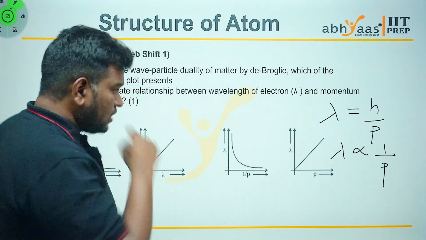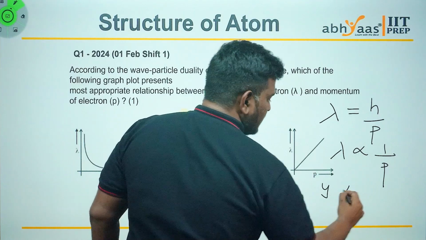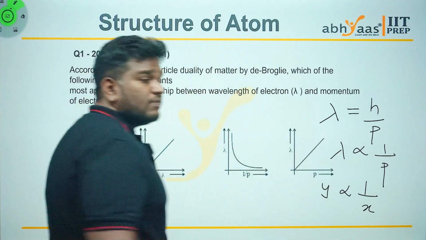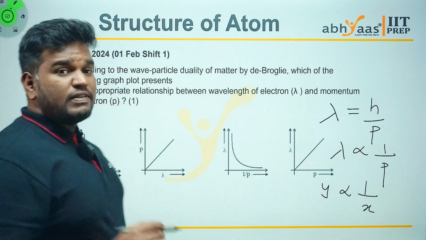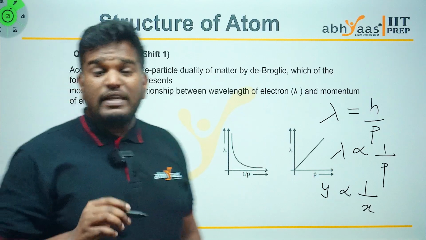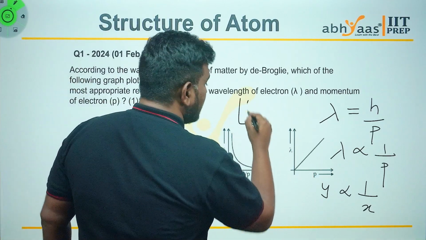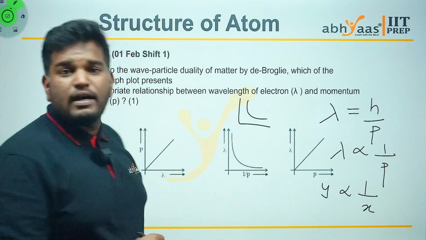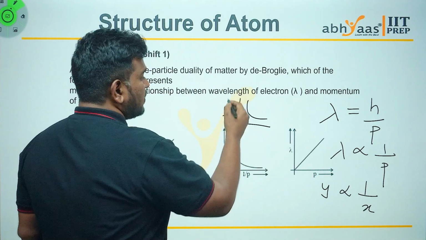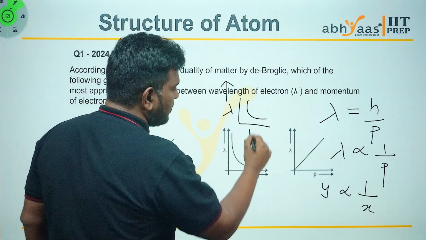So suppose we have lambda on the y-axis, then on the x-axis you will have momentum, and it will be inversely proportional. So if it is inversely proportional, what will be the graph? We know that whenever it is inversely proportional, it will be a rectangular hyperbola, right? So on the y-axis we should have the wavelength lambda, and on the x-axis we should have momentum p.